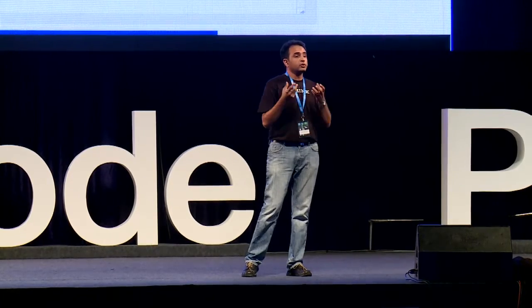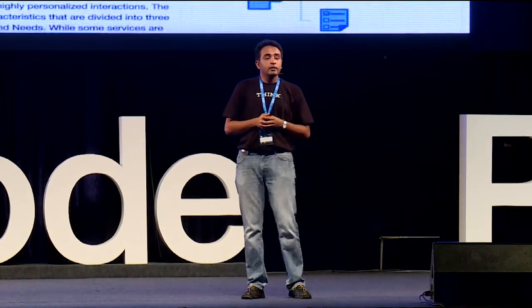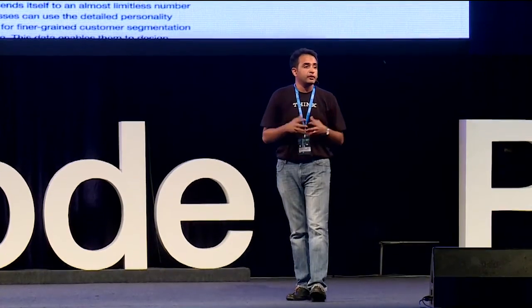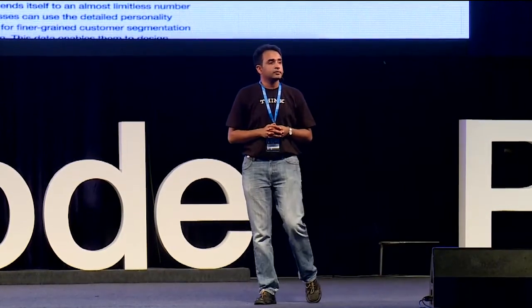So as a developer in my past, I had tried to build software to build personality profiles of people, and I know how complicated it can be. Well, let's try to see how simple this can be made. This can be done using Personality Insights.